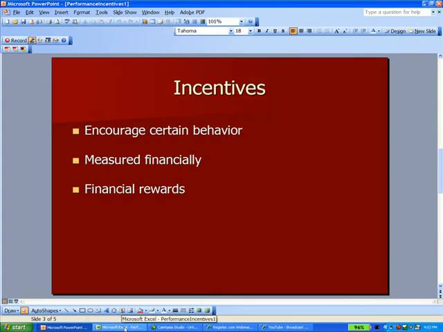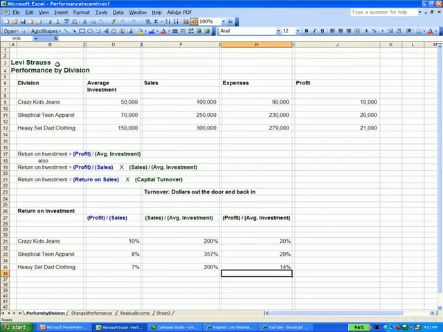I'm going to flip over to Excel here. Let's consider Levi Strauss, the jeans maker, which has 3 different divisions, and we're going to measure performance by division. They have Crazy Kids Jeans that makes clothing for children. On average, that means beginning plus ending of the year divided by 2.